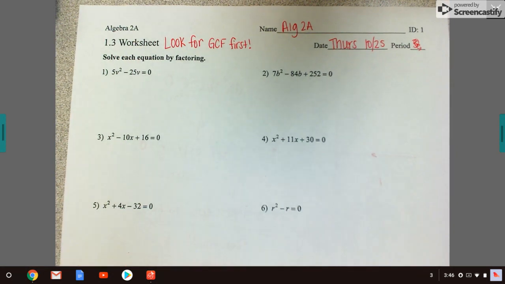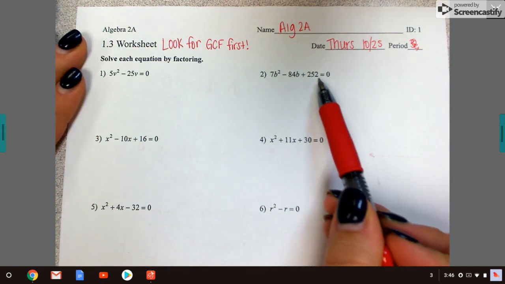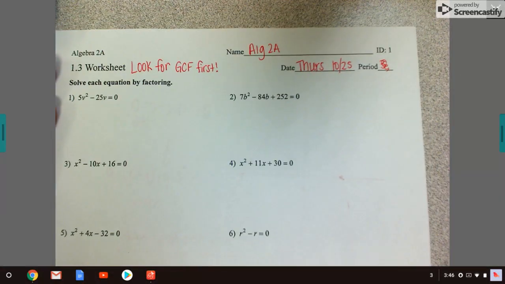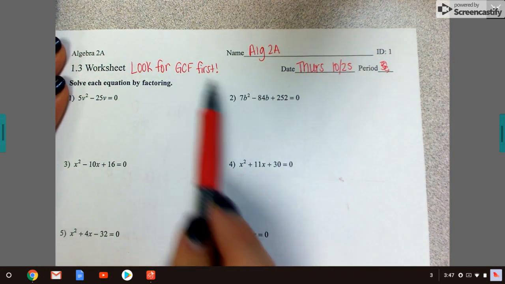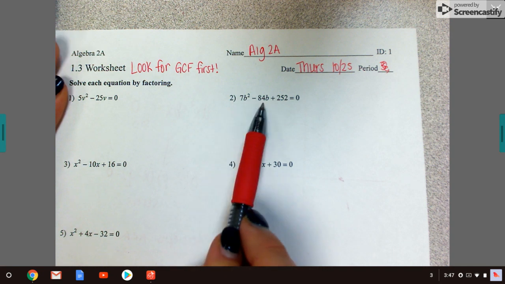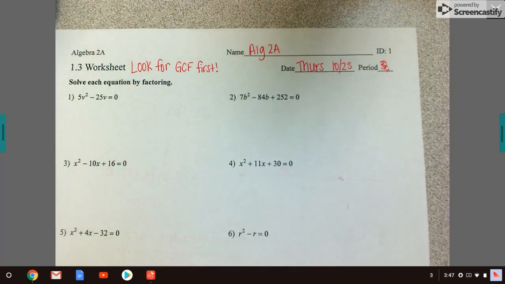The second thing I wanted to mention is that some of these, right now, the a isn't 1. And I just told you we're only doing a equals 1. So look at number 2 for a moment, and we're going to work through this one together. On number 2, a does not equal 1, but let's see if we can find a GCF, greatest common factor, something that goes into both 7, 84, and 252. If you work through that, it is actually a 7.